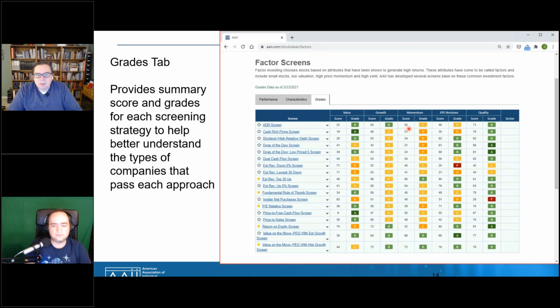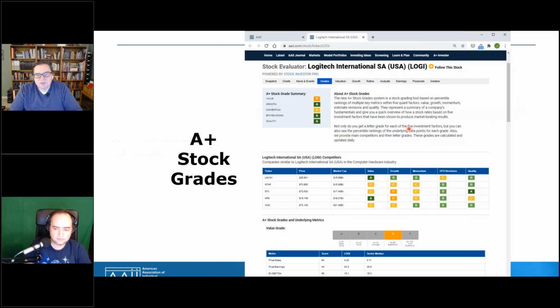So right now, in the case of Logitech here, it has a value grade of D, which is the grade as of today that the particular company had, based upon its relatively high price to sales and price earnings ratio relative to all companies; it is relatively expensive. It has a lot of growth to it, and that's based upon a range of historical and expected growth.